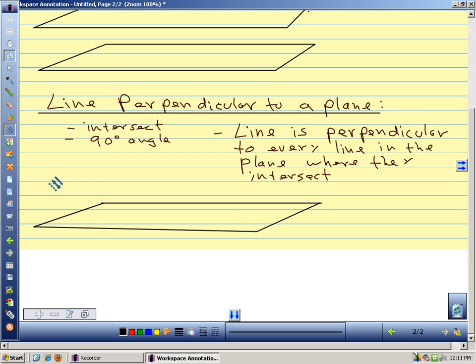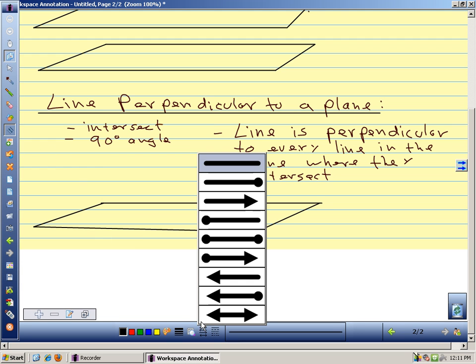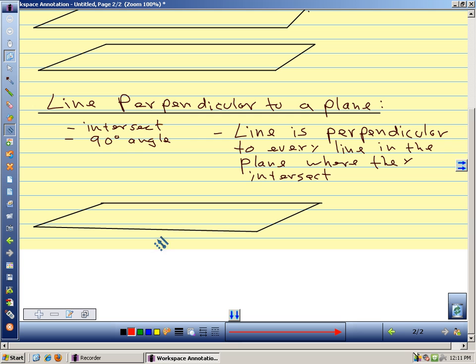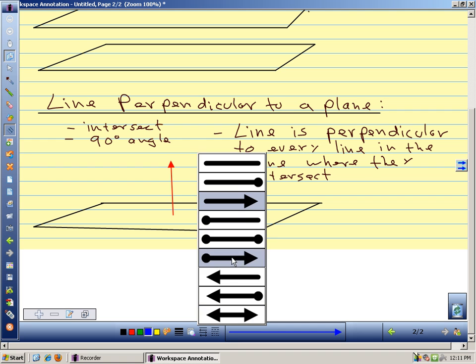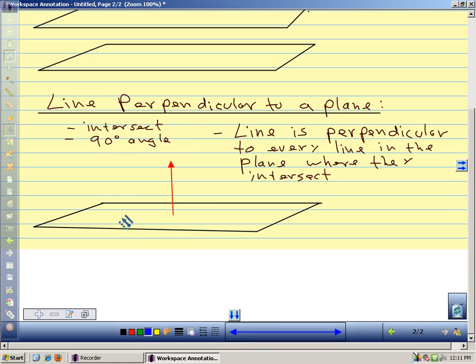And here's the line that we're interested in, the red one. It needs to be perpendicular to every line that goes through that point where it touches the plane.